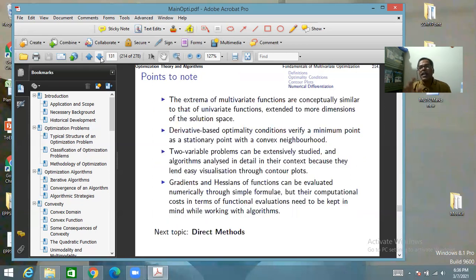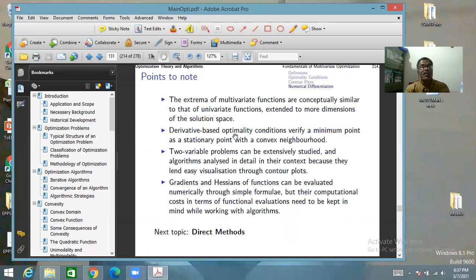So in this lecture, what we have covered: first, the extrema of multivariate functions. We defined them and saw their optimality conditions, which are similar to univariate optimization.